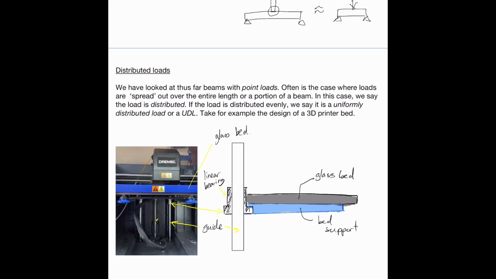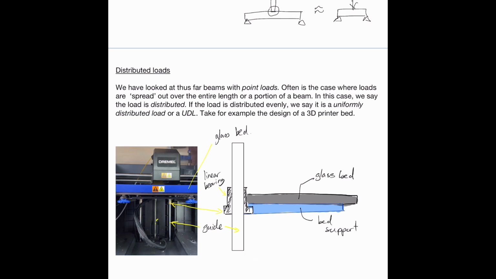This example here shows a unique case of a 3D printer bed. This blue here is the glass bed. The glass has some weight to it, plus the weight of whatever we're printing. Then we have a power screw that moves the bed up and down, and some guide bearings here to not allow it to slide. If we look at it from the side view, this is how it will look.